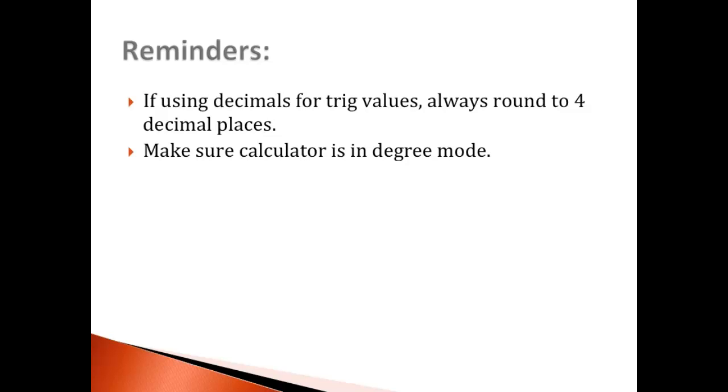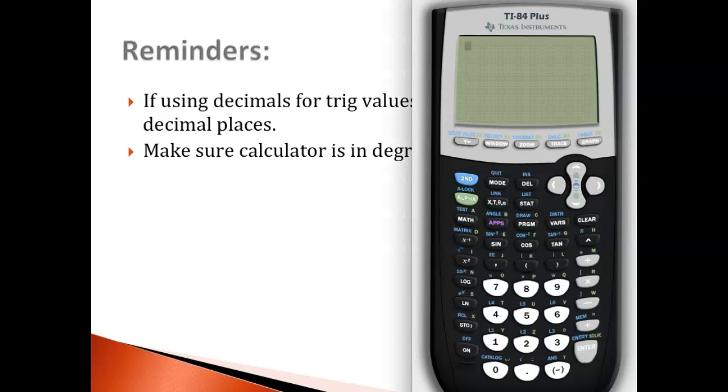Now, if you're not sure if your calculator is in degree mode or not, here's the way you can check and how you would be able to change it. So in the top left corner, next to the second button, there's a button that says Mode. You want to click on that. And depending on which version calculator you may have a row of different things.